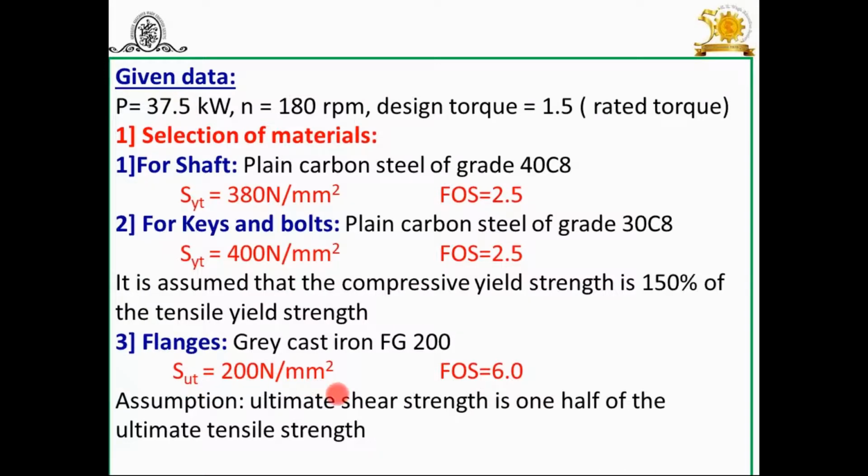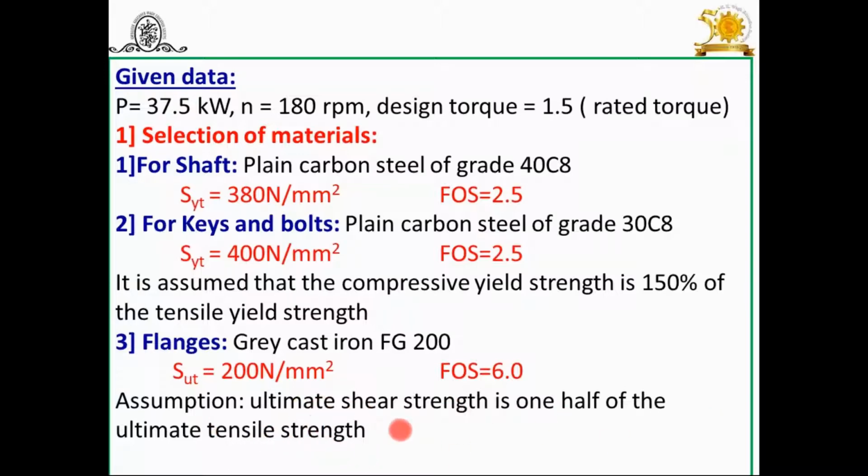Ultimate tensile strength is given, but what we have to do? We have to find out ultimate shear strength to design the hub, or to find out the torsional shear stresses in the hub and the flange. Generally, ultimate shear strength is 1/2 of the ultimate tensile strength.